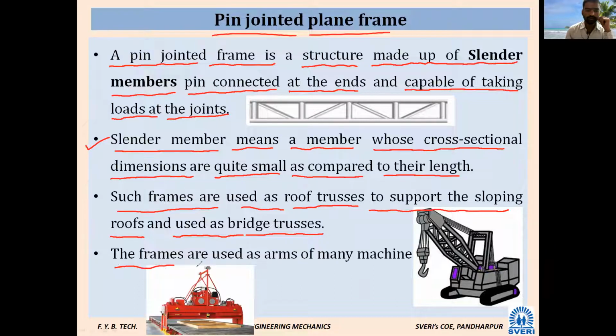The frames are also used as arms of many machines.